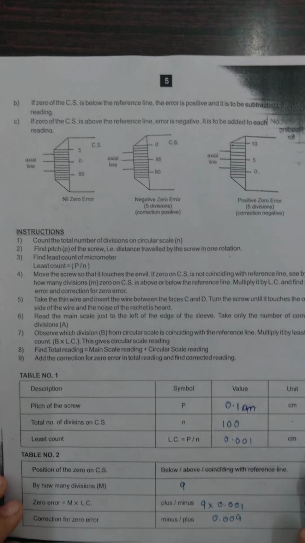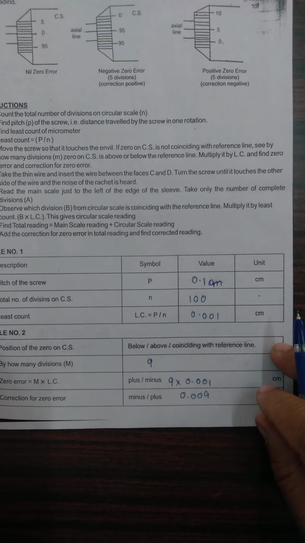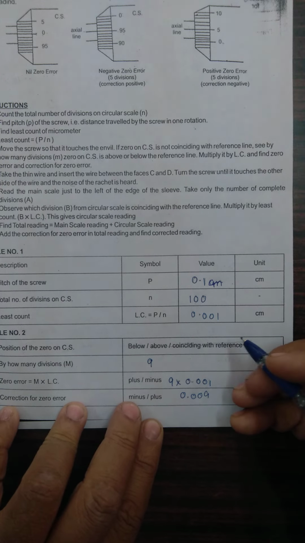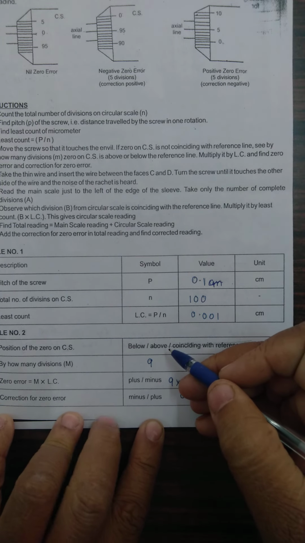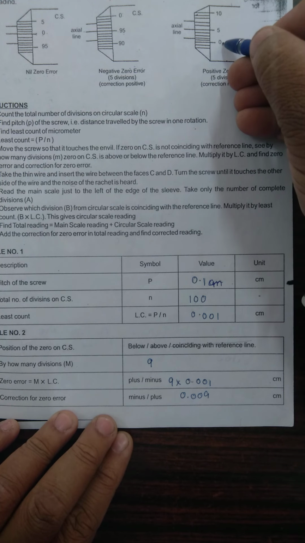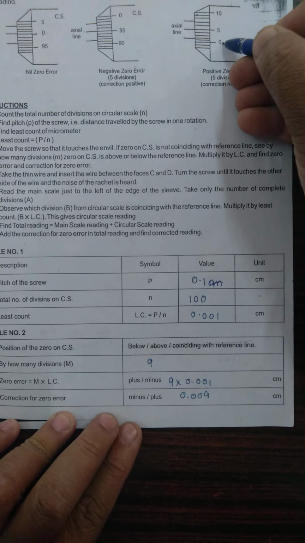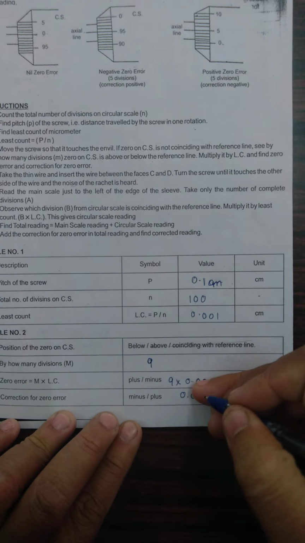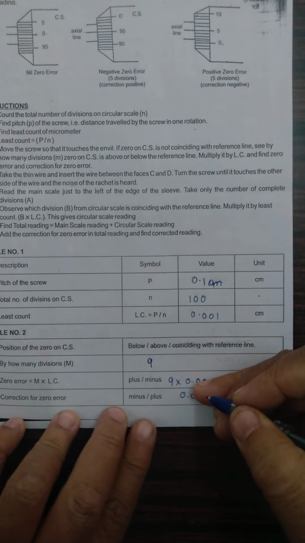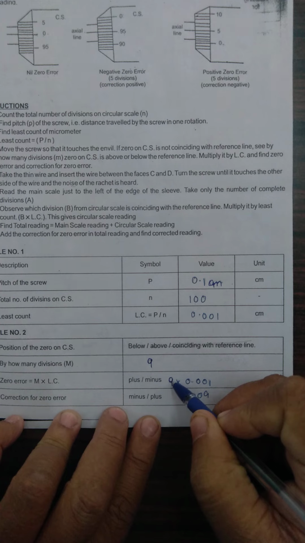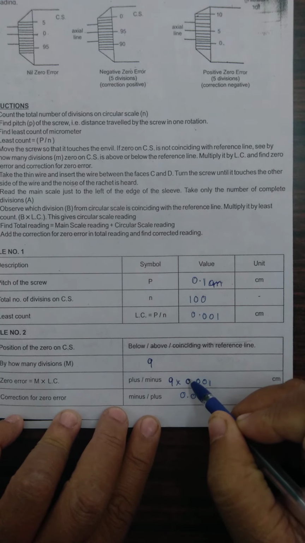For example, if the 0 is below the reference line, that is, in my case, if the 0 lies 9 divisions below the reference line, then what I'm going to do is multiply this 9 by the least count.